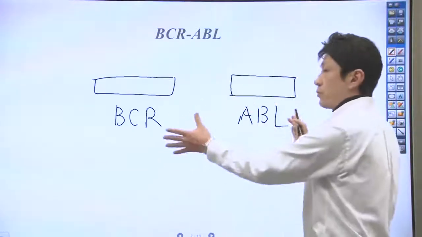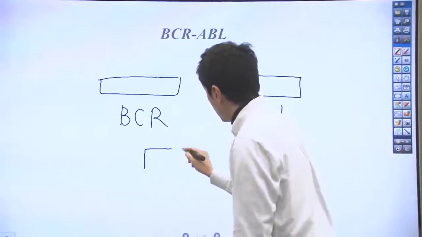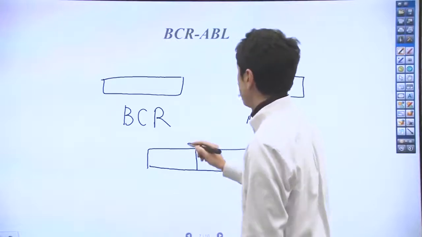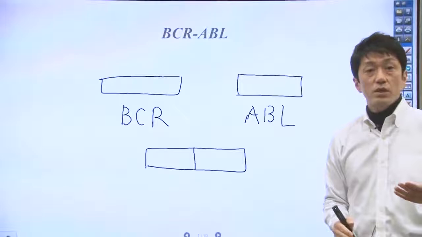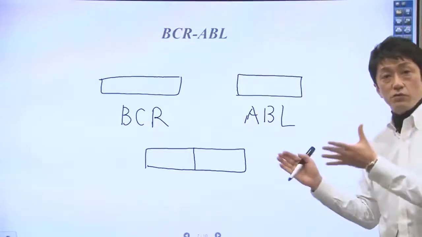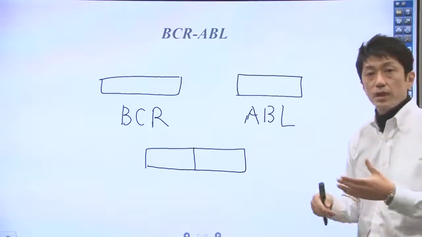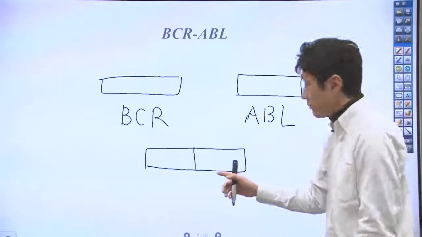Usually they are separated, but in a certain type of leukemia, these two genes are fused to each other. Because the genes are fused, PCR is performed using a primer that is designed to amplify the junction where the genes meet.